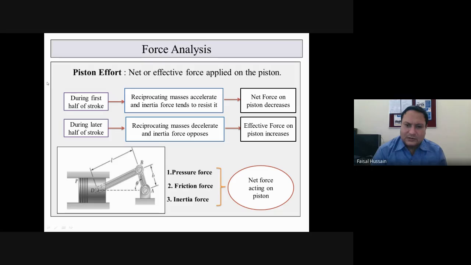Friction force is your frictional resistance, which is developed because of the movement of the cylinder piston arrangement. Let us see the pressure force. Pressure force is nothing but your gas force, which is applied on either side of the piston under the cylinder when it is in a working condition.